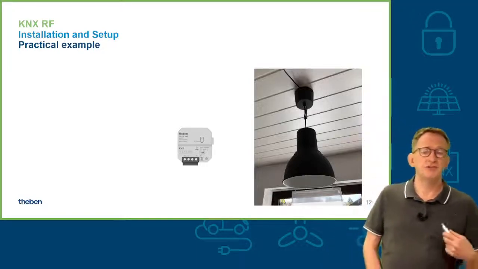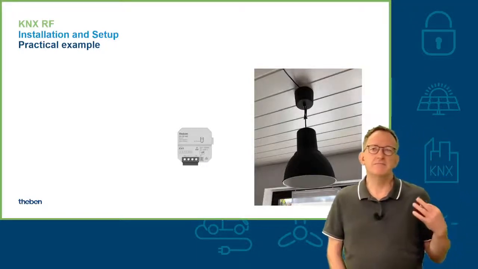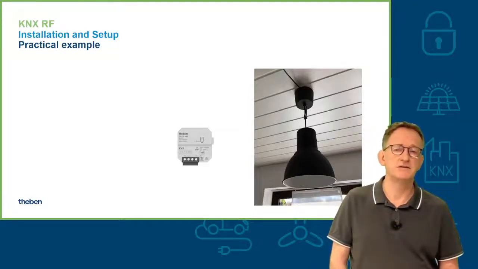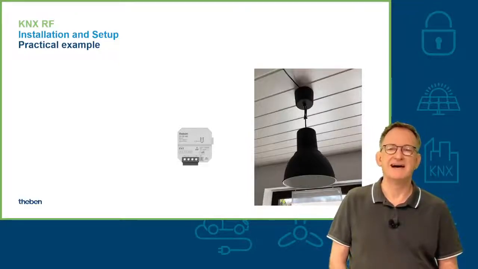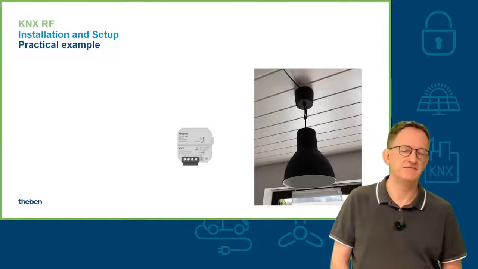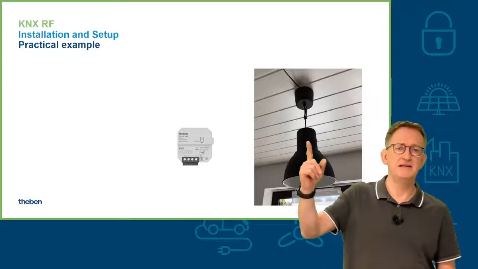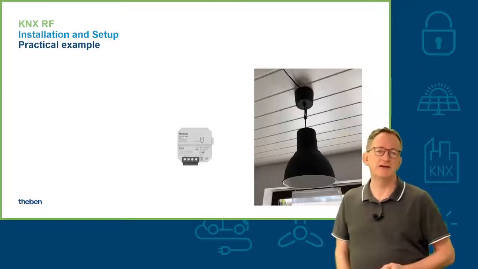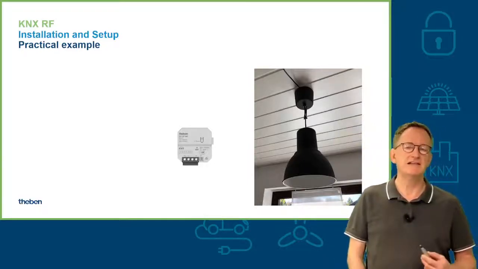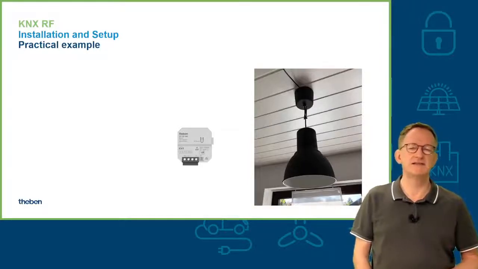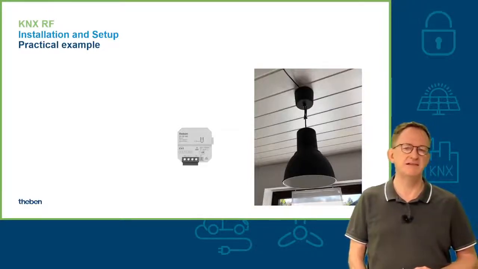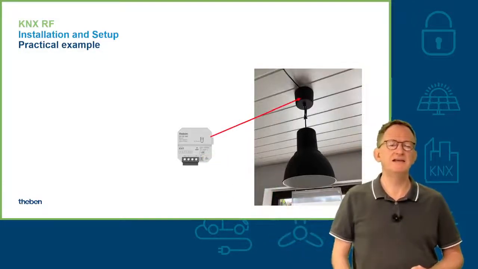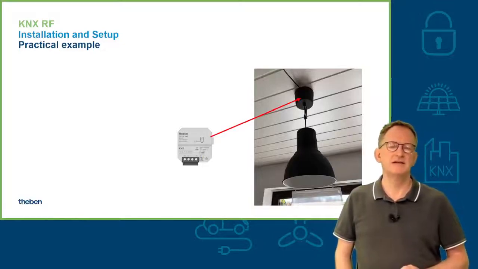But you just have to be creative and have good ideas. Where can I, for example, hide RF devices, like here in that plastic box above that lamp. There you have 230 volt. You can switch or dim the lamp itself with that switching or dimming actuator. But you can also configure the device installed in that plastic box as a repeater.